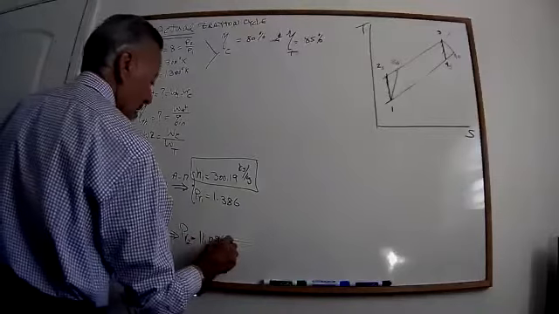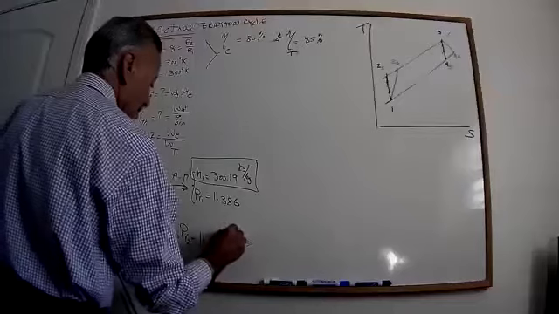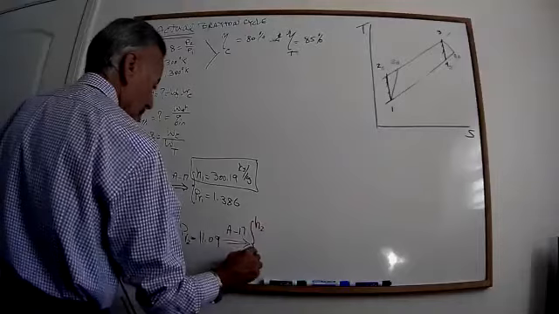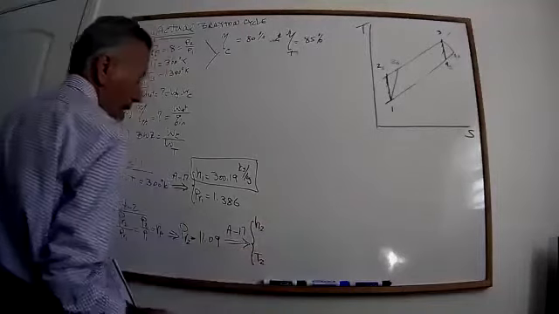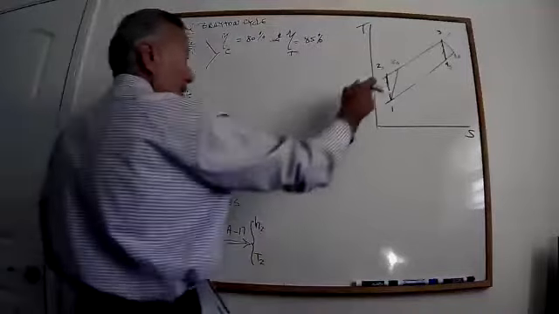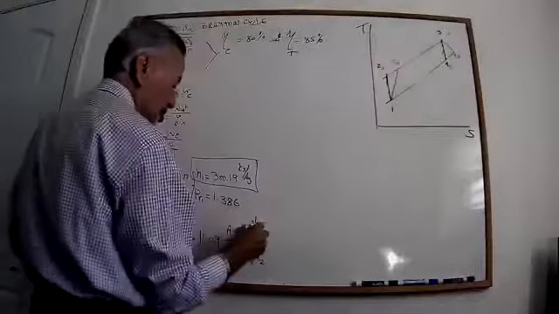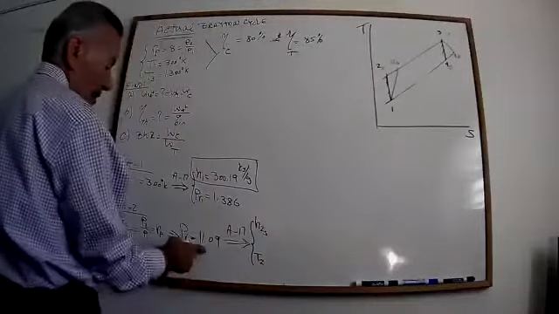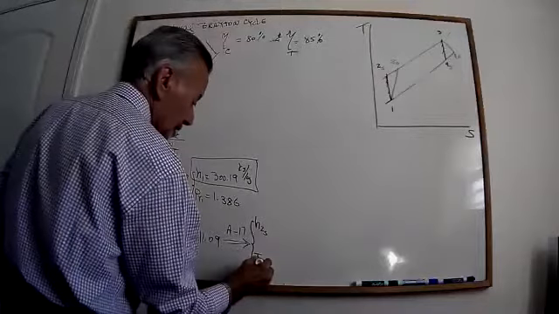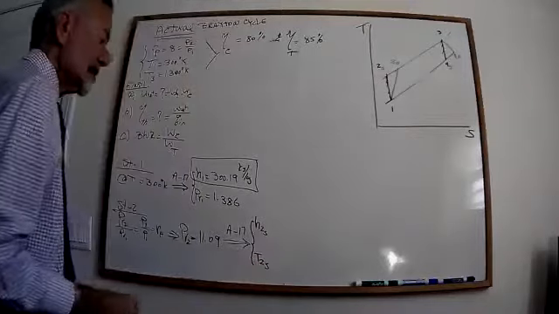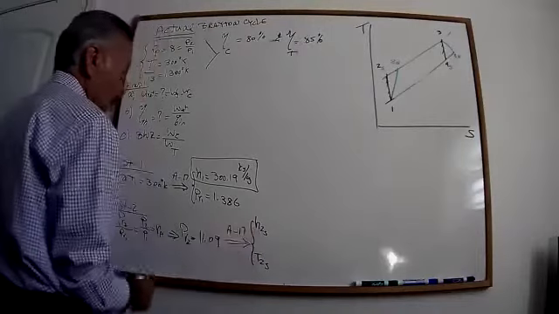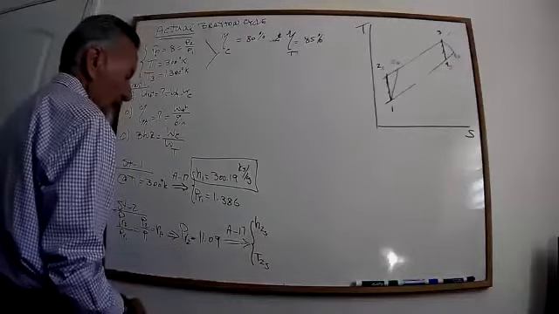Now that I have the PR2 value, I'll go back to table A17. This time, I will find H2 and T2. Now, this is tricky. The H2 that I find, I will find as H2S from the table, not H2A. And this temperature is also T2S, the temperature at the isentropic value, corresponding to this PR2.